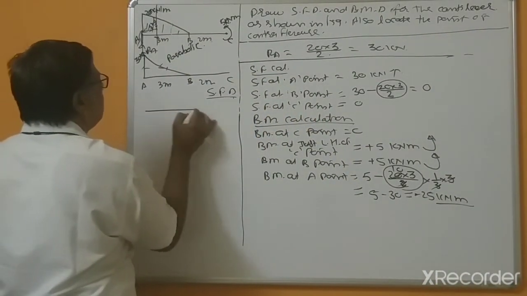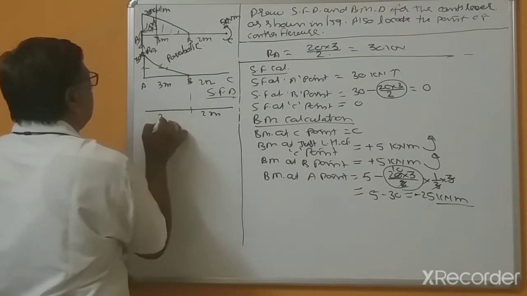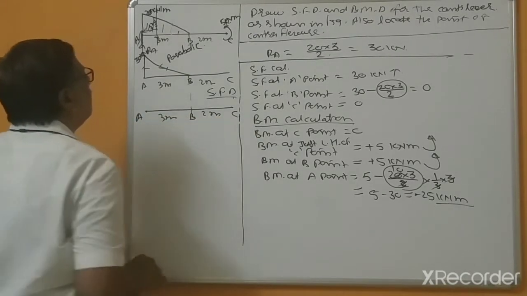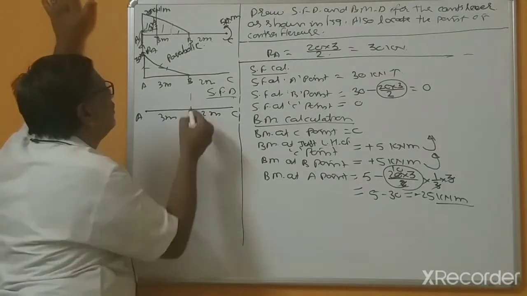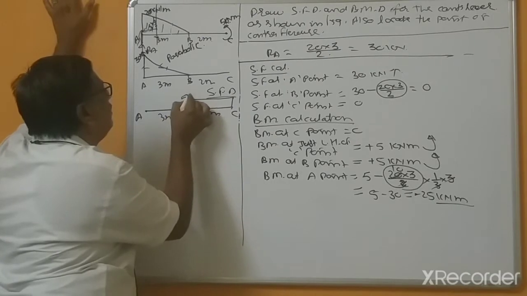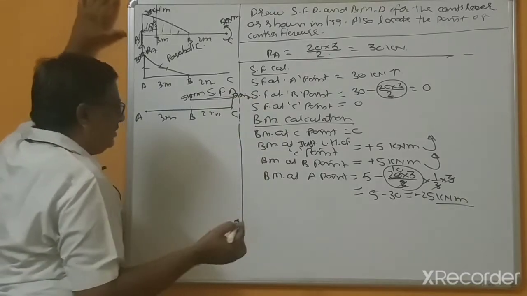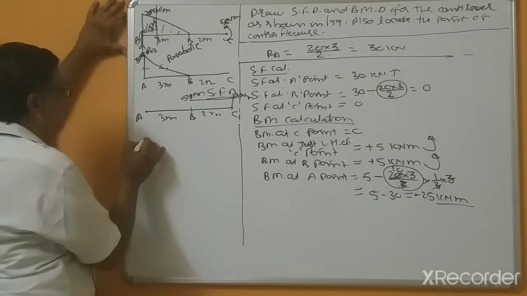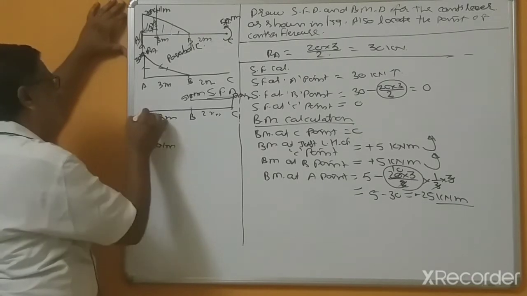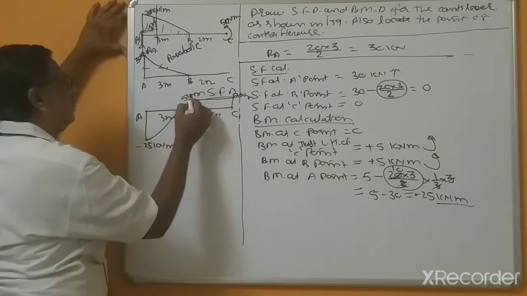So this is constant 5 kilonewton meter, and this is minus 25, and this is the nature of the curve.